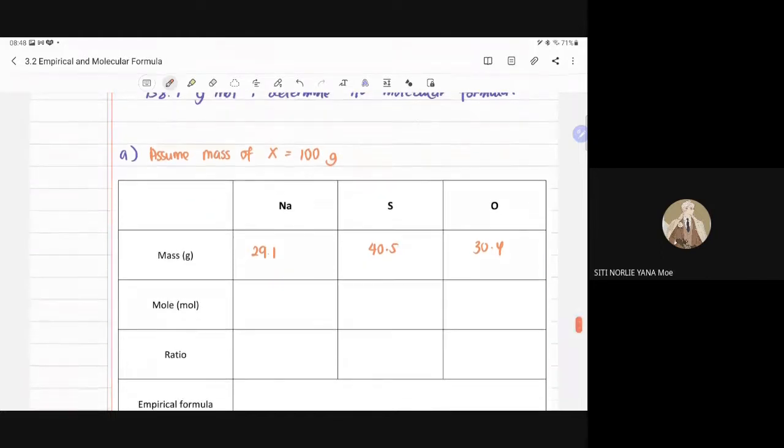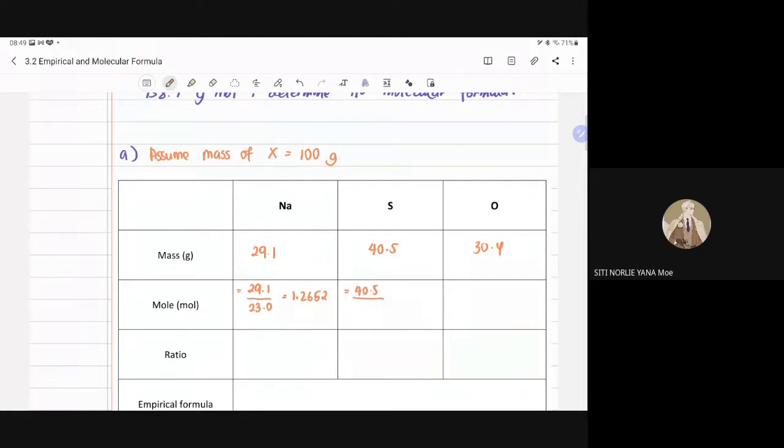But saya bagi tahu untuk sodium, molar mass sodium adalah 23. Jadi is equals to 29.1 divided by 23.0, and we should get 1.2652 mole.